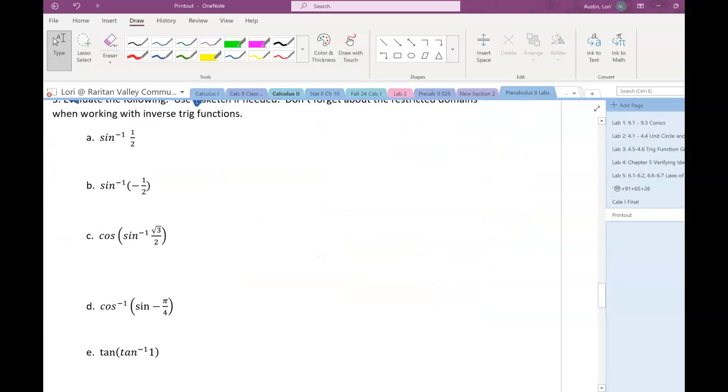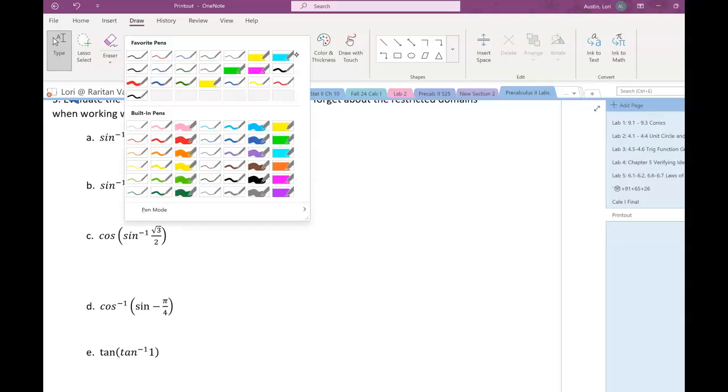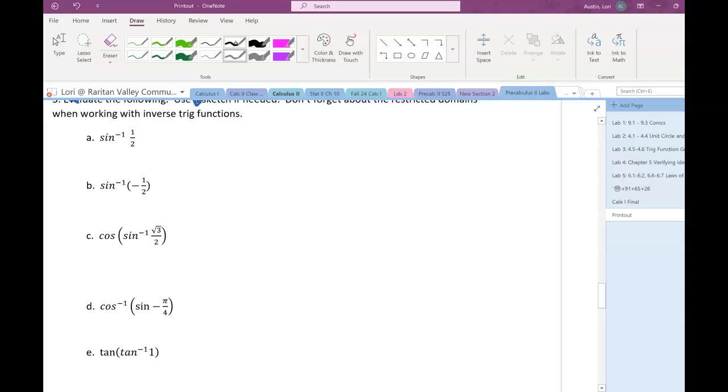All right, let's move on to these inverse functions. As we talked about them in class, the easiest way to really deal with these particular functions is to draw them if needed and to recall your triangles, right?